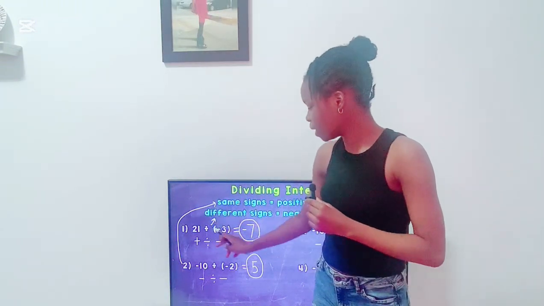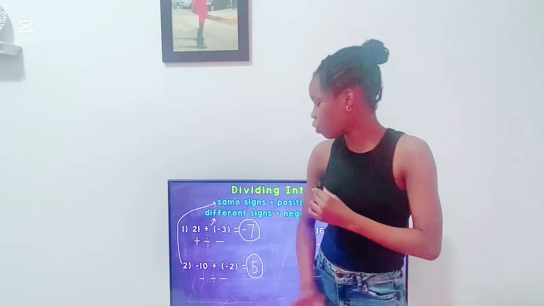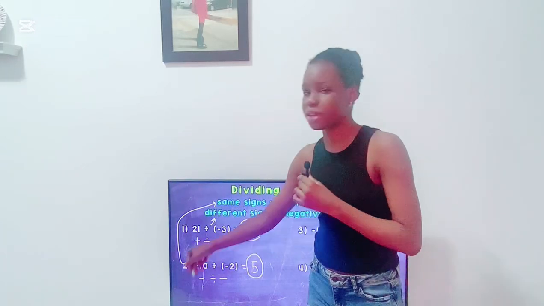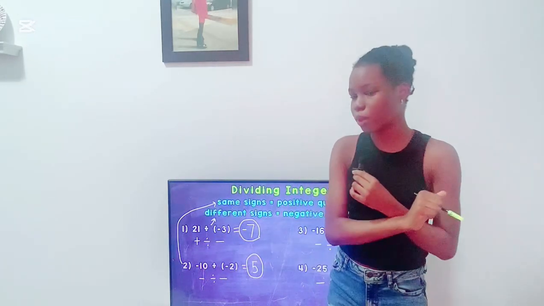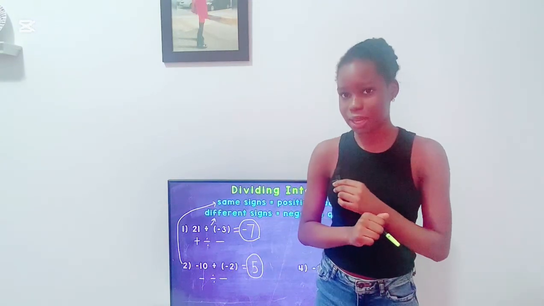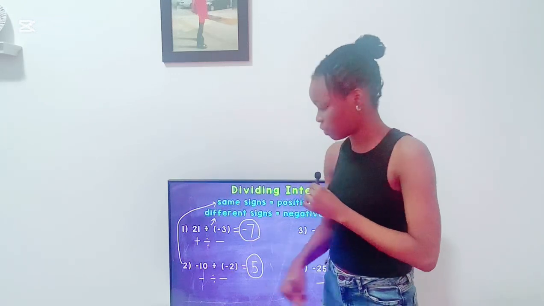Do we have a positive and a positive, or a negative and a negative, or do we have different signs, which is exactly what we have here. So that means we are going to get a negative product. So we are going to get -7.